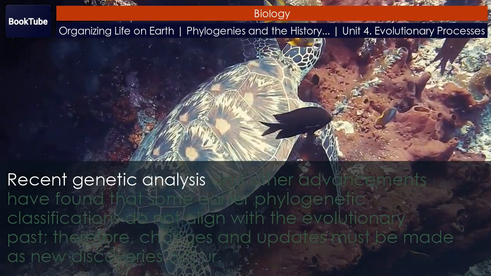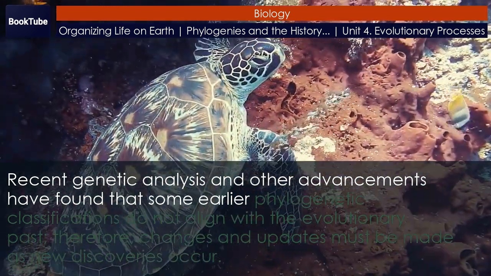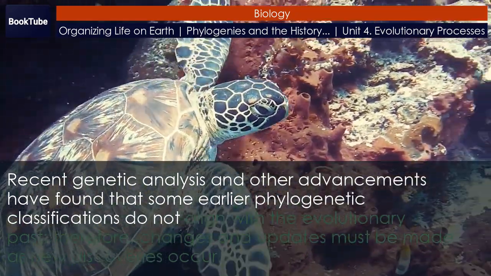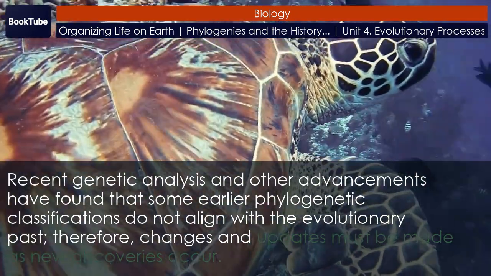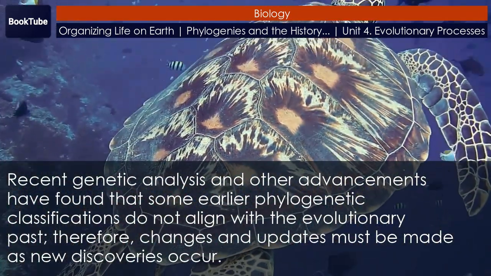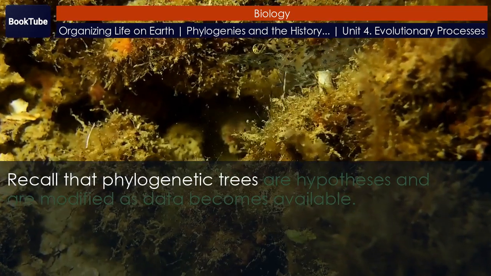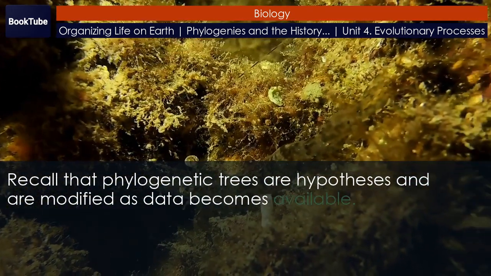Recent genetic analysis and other advancements have found that some earlier phylogenetic classifications do not align with the evolutionary past. Therefore, changes and updates must be made as new discoveries occur. Recall that phylogenetic trees are hypotheses and are modified as data becomes available.